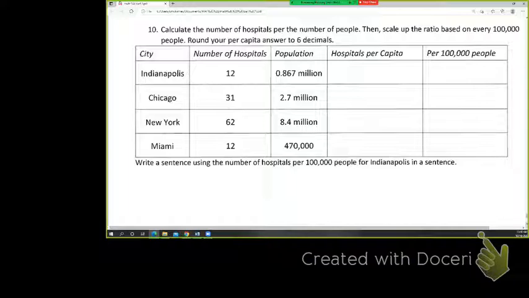So we would be doing 12 divided by 867,000. Do you see how that's .867? You put 3 zeros.